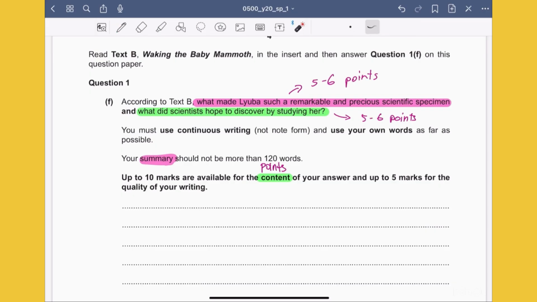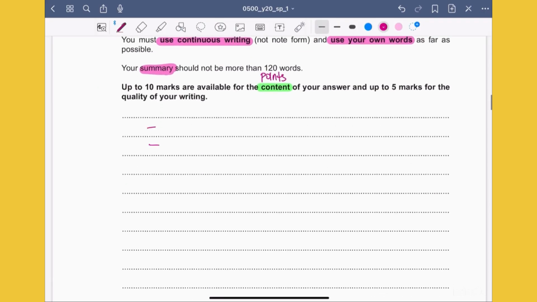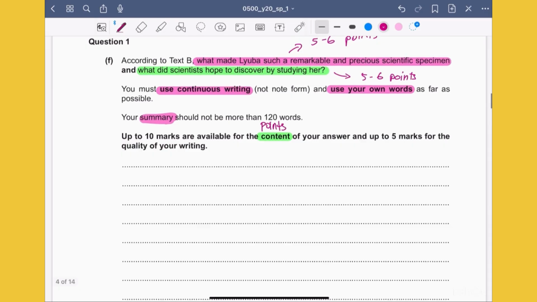The major thing that you need to keep in your mind is this one: use your own words. And you have to use continuous writing. So do not give the summary in point forms. Do not do that. You're supposed to write in continuous writing, usually just one paragraph, because you don't want to write more than 120 words, because your word limit is mentioned.